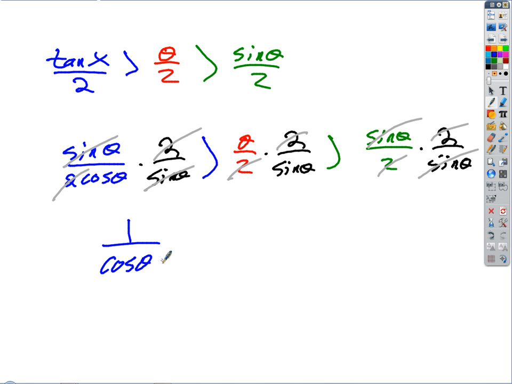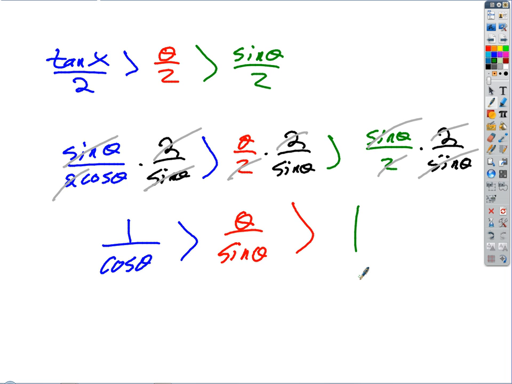1 over cosine theta is greater than, here I got theta over sine theta. And here I got 1. Okay. One last thing we're going to do, we're going to invert all these, flip them over.